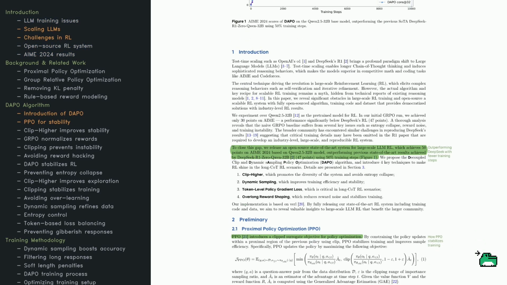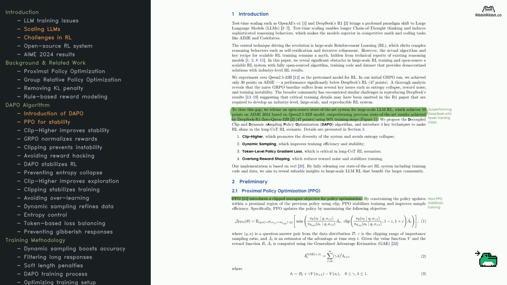Scaling up LLMs with reinforcement learning has become more complex. The big problem is that top methods from places like OpenAI and DeepSeek remain partly closed, so others can't replicate their results. This work sets out to fix that by introducing DAPO, a fully open-source RL framework designed specifically for large-scale training.